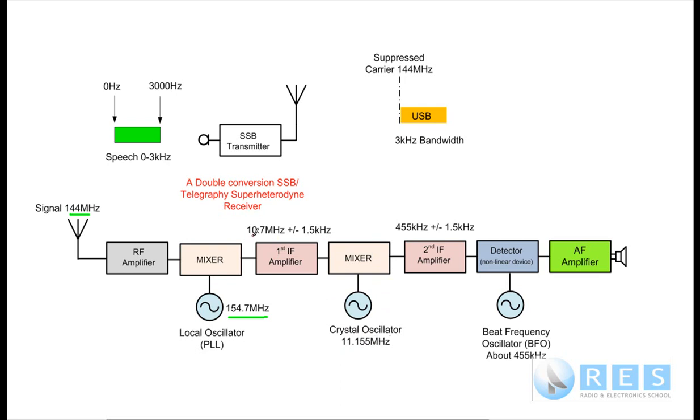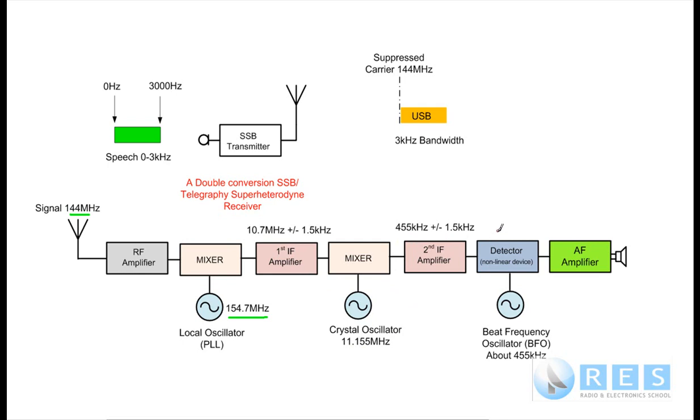If you look at the difference between 10.7 megahertz and 11.155 megahertz, you'll see that it's 455 kilohertz. So this frequency converter is converting the 10.7 megahertz single sideband signal to a single sideband signal on 455 kilohertz.